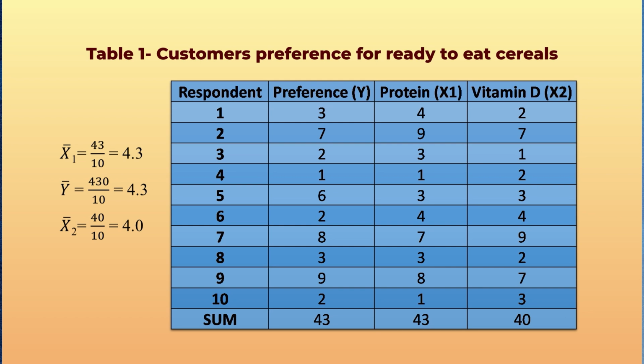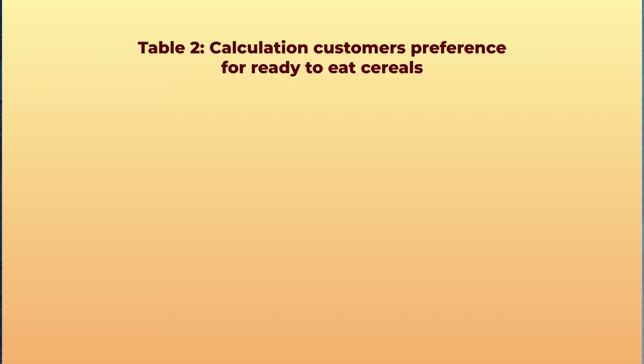So, based on this data we can calculate x1 bar as 43 divided by 10 is equal to 4.3, y bar is equal to 430 divided by 10 is equal to 4.3, and x2 bar is equal to 40 divided by 10 is equal to 4.